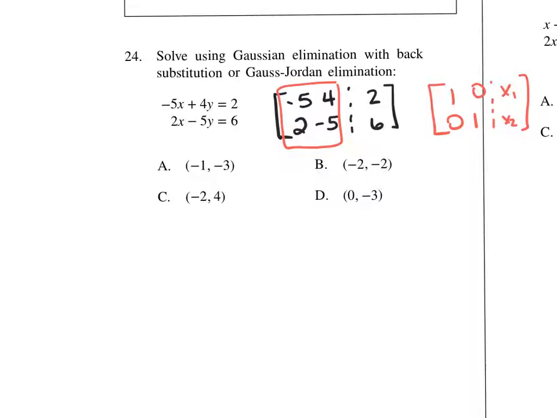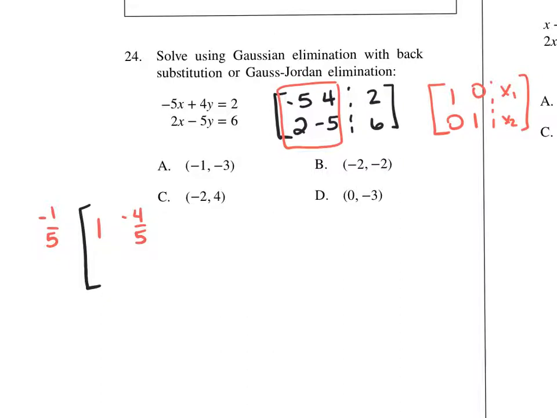Because I want to put a 1 in that first spot, we'll multiply by -1/5. It's going to introduce fractions here, so be careful with that. So here we go. -5 times -1/5 is +1. 4 times -1/5 is -4/5.